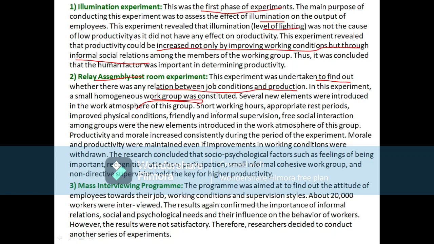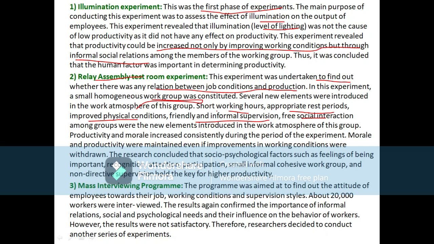This small group was provided with short working hours, appropriate rest periods, improved physical conditions, friendly and informal supervision, and free social interaction among the group. All these new elements were introduced at the experiment level.